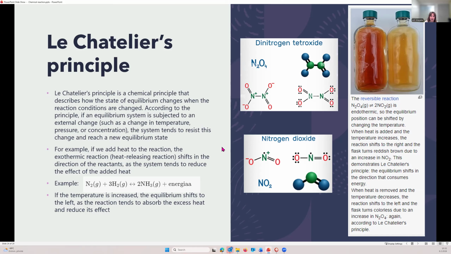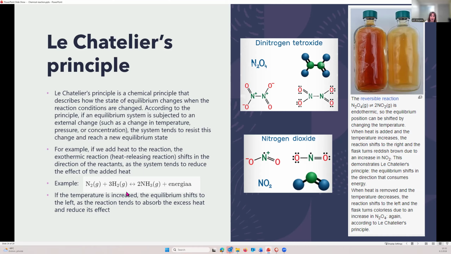Sounds a bit complicated, but for example, if you add heat to a reaction that is exothermic, so your reaction is already releasing heat, you add heat, you get more reactants.